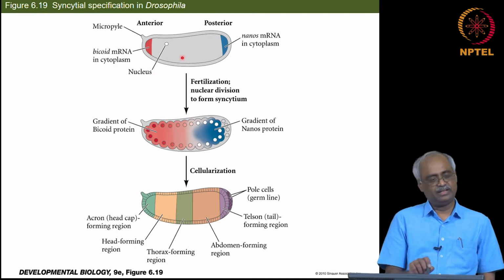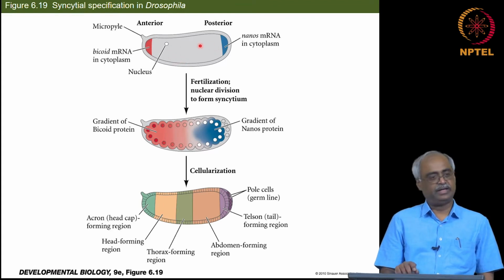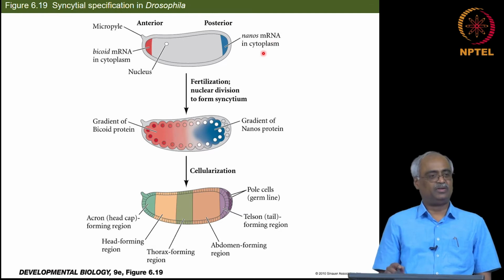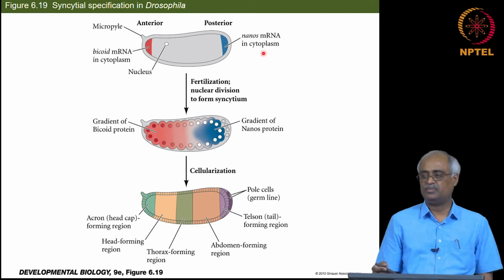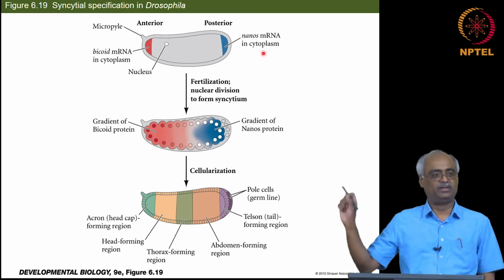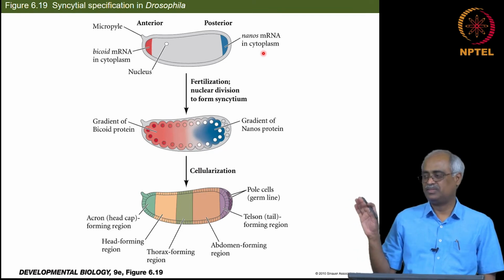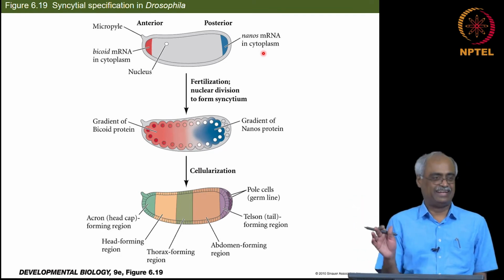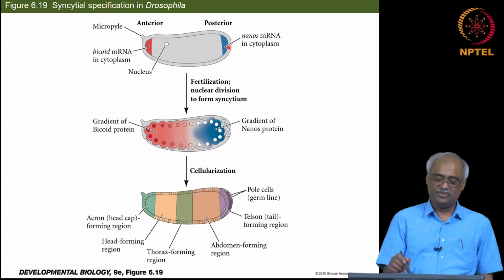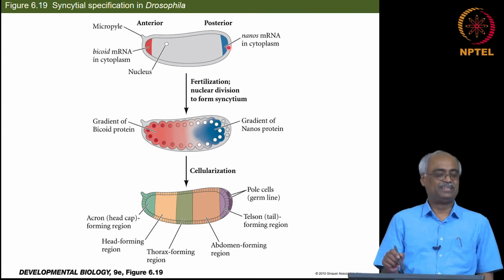So they all enter in the anterior, and the nanos mRNA diffuses; it is not hitching a ride on those motors zooming on the microtubules. Instead it diffuses freely in the cytoplasm.